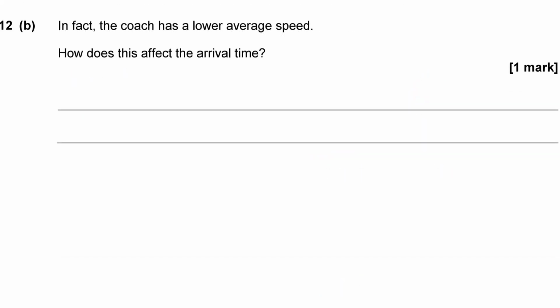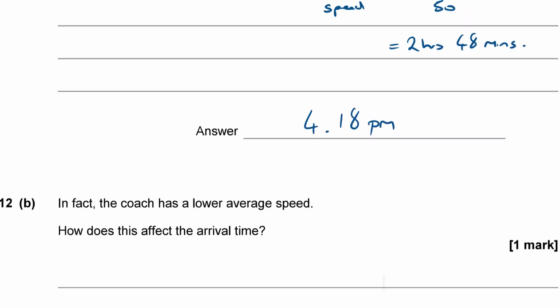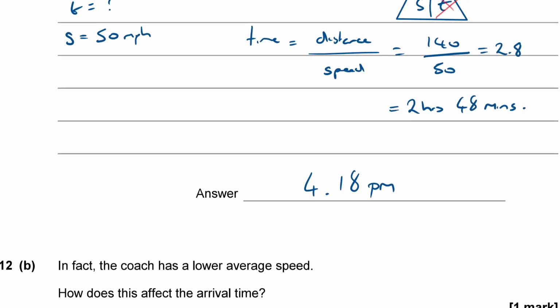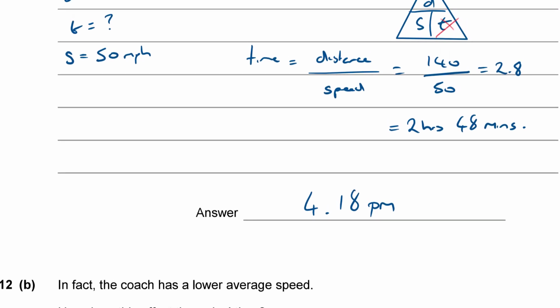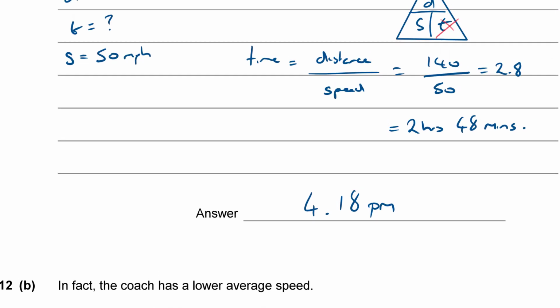In part B, we're told that in fact the coach has a lower average speed than this, so it's not going as fast as 50 miles an hour. So this speed here is going to be less than it used to be. If you're going to divide through by a smaller number, then this number is going to get bigger, isn't it? If you divide by a smaller number, you're going to get a bigger result.